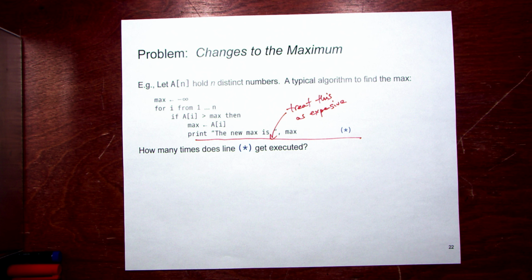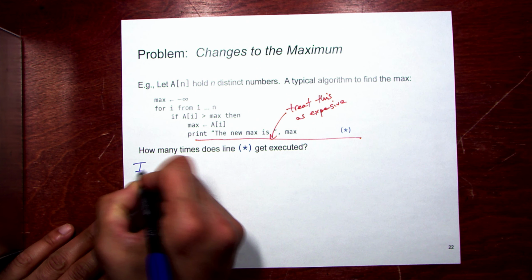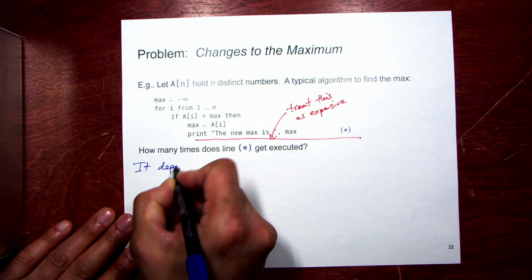Well, from computer science 101, we usually discuss the best case and the worst case, usually the worst case. The best case is it's never really updated more than once, right? You find the max right away, it's updated once, and life is good. Okay, but it's possible that it's really bad.